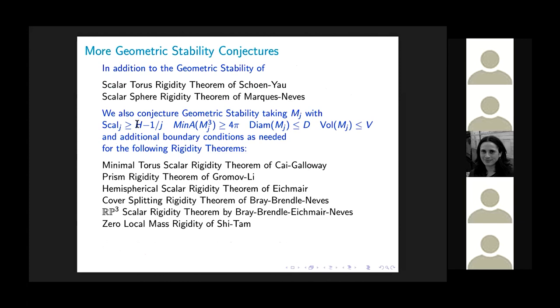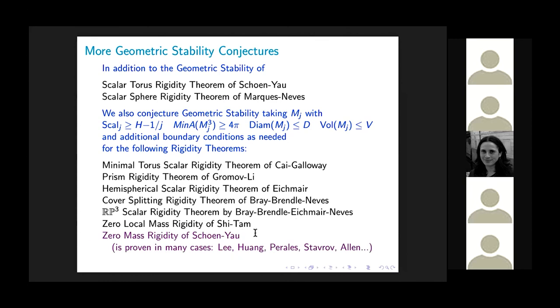You just make scalar greater than or equal to h minus 1 over j. You take your min A. I don't think it has to be 4 pi. There should be an A here. 4 pi is needed for the ones involving Marques and Neves. It could be just A greater than 0 for the other ones involving scalar curvature equals 0. So some of these change what the min A should be for different settings.